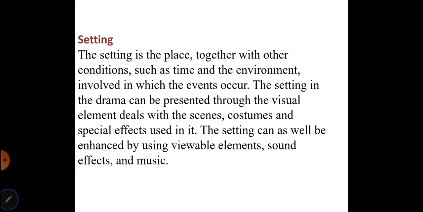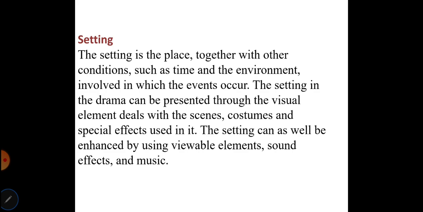Now, how can a playwright or a dramatist present the setting? The setting is actually presented through visual elements related to the scenes. You know, sometimes in Arabic we use the word mashahid, and also we have costumes or the clothes that the actors wear and the special effects used in it.